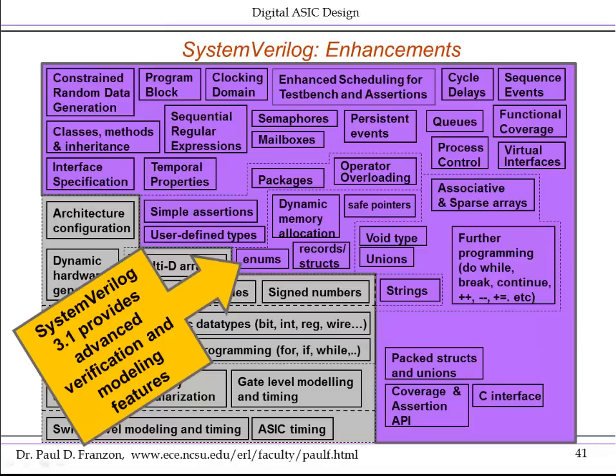In addition, we include interfaces, which is a useful programming structure, and also some things were cleaned up in the underlying language. For example, instead of reg and wire, they can be replaced by a unified type called logic, which makes a lot of sense.